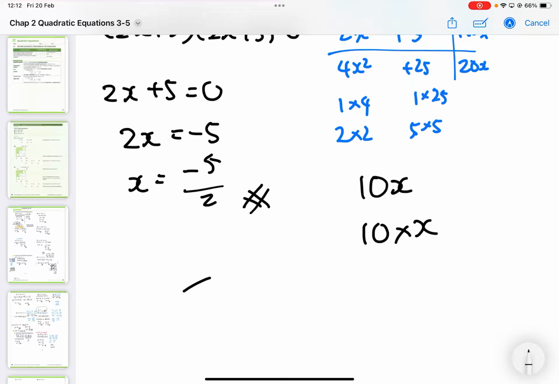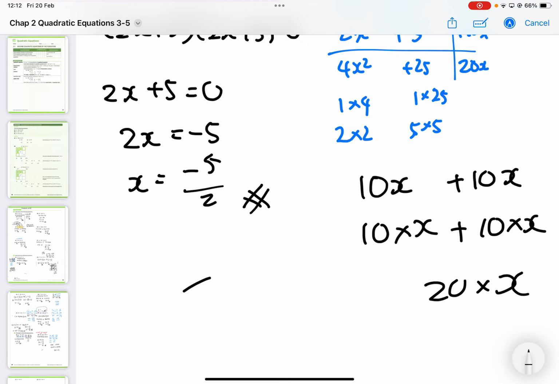Okay? So 10x plus 10x means 10 times of x plus another 10 times of x. So 10 apples plus another 10 apples, add up you will have 20 apples. Yeah, x and x is the same thing.